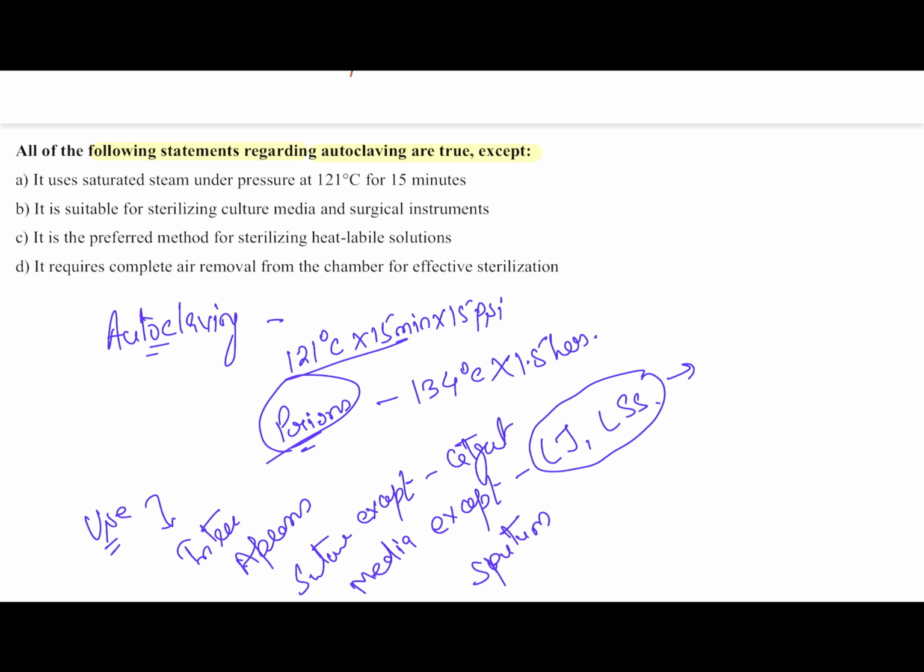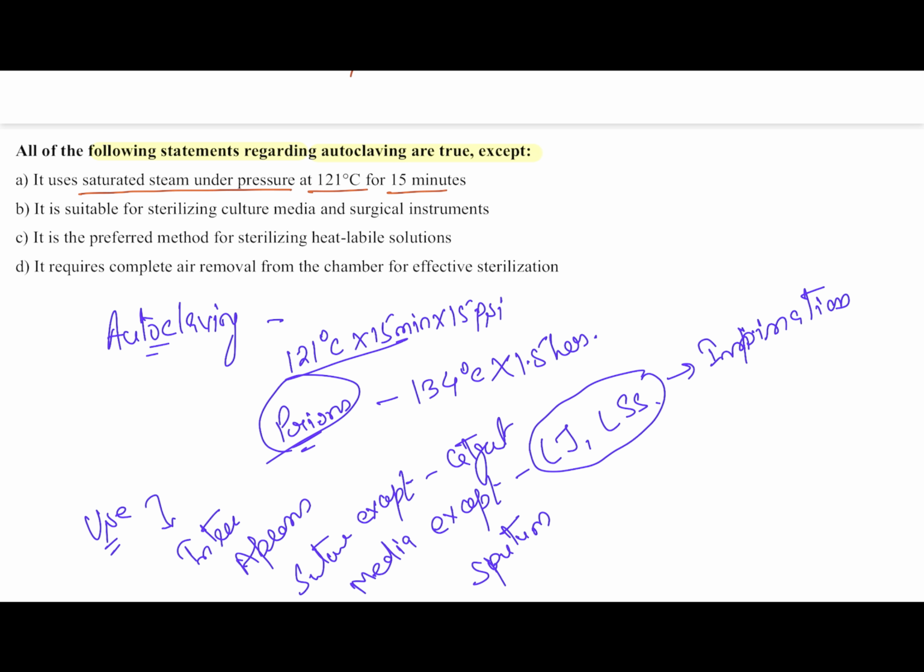So now we will read one by one. The first option is saying saturated steam under pressure, 121 degrees Celsius for 15 minutes. Yes, because we are using steam under pressure, so that is correct. Suitable for sterilizing culture media and surgical instruments. Yes, in general, yes, until they give you other options.